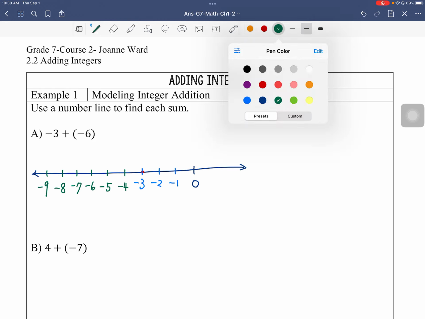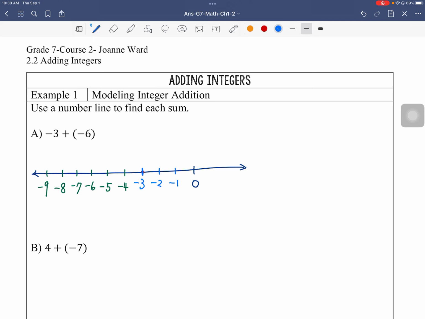So from negative 3, I am going all the way to the left because I want to add negative 6. So I'm going this way: 1, 2, 3, 4, 5, 6. I'm going negative 6 this way.